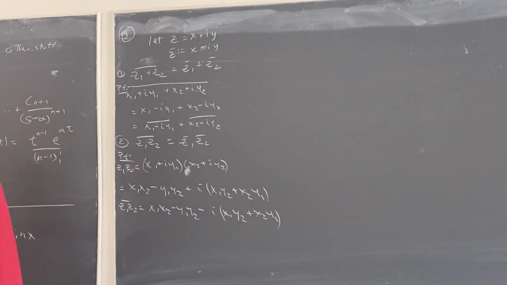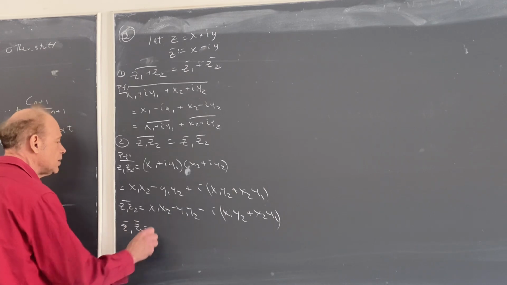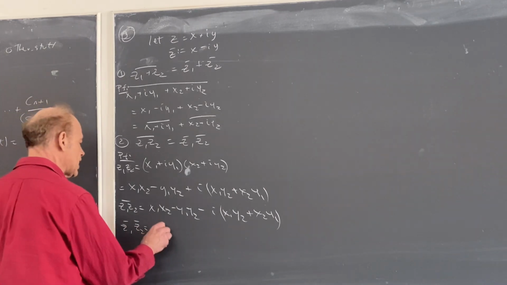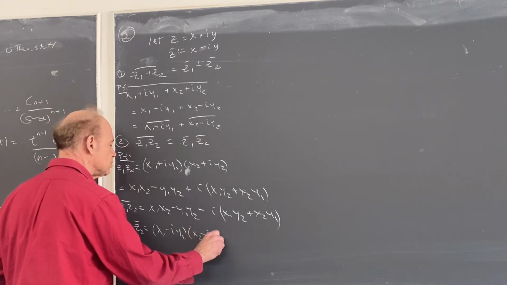You don't have to worry about writing all this down. You're going to have the photo of this. I'm writing quickly. The algebra is easy, so it's better for you to try to understand what I'm doing rather than copying furiously. You'll have a picture of this, it's no problem. Just try to follow what we're doing. Okay, so this is the conjugate of z1 z2. Now let's multiply z1 bar times z2 bar and show it's the same thing. That's x1 minus iy1 times x2 minus iy2.